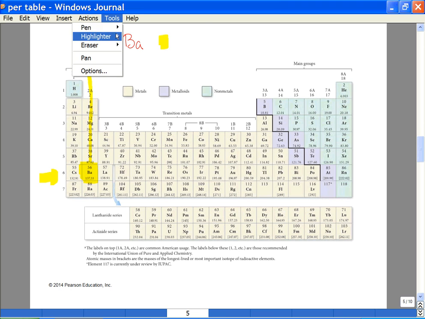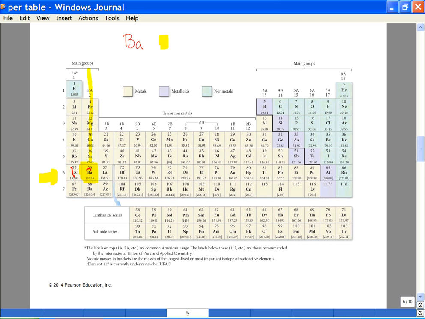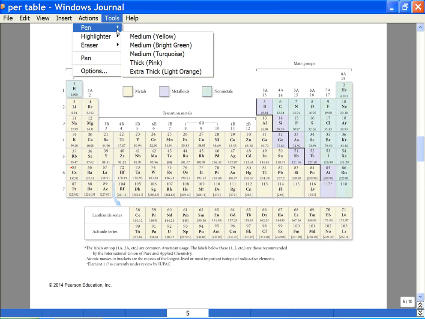All right, so same thing for cesium, Cs. I'm going to erase this. Let's find cesium on the periodic table. Okay, cesium is here.